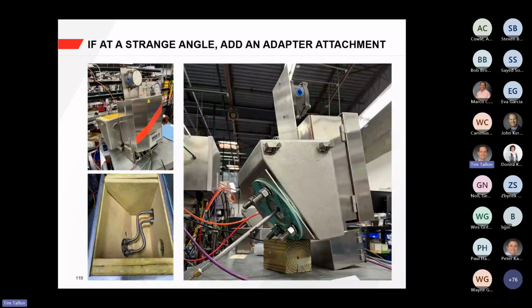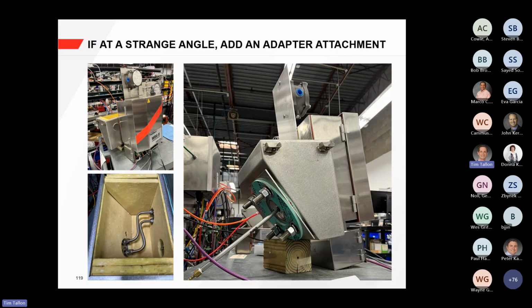Yeah, this is just another example of some of the modifications that we can do. Instead of the standard enclosure that we have on the back of our analyzer, sometimes we do modifications like this, and we can actually design and engineer a custom one on the back for different angle mounts, or whatever the situation might be.